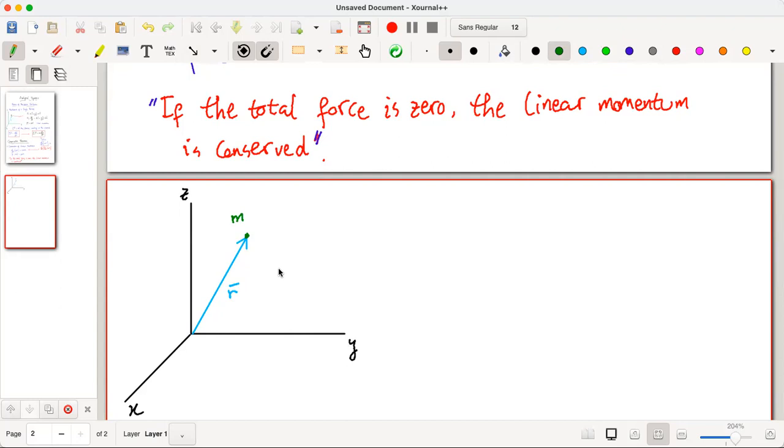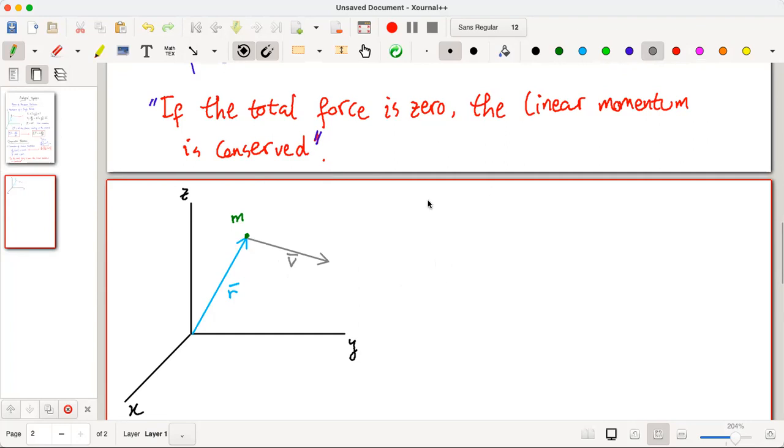So we pump momentum from outside, or maybe the particle itself gains momentum somehow, and the momentum goes, for example, here. So this has momentum. By momentum, I mean that it moves with some velocity. So we have momentum along this direction.